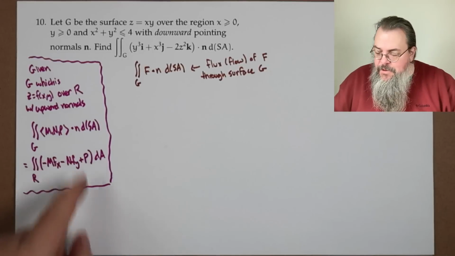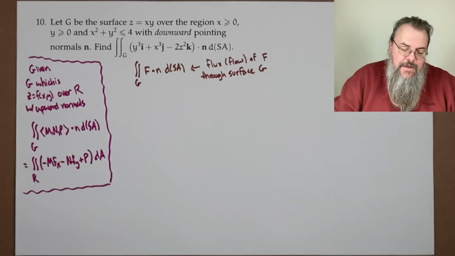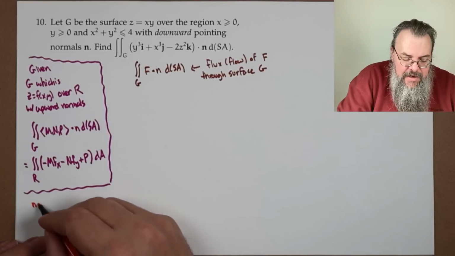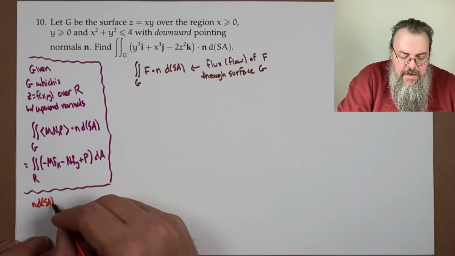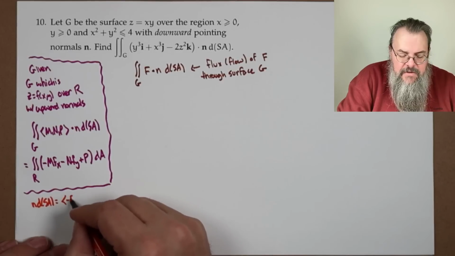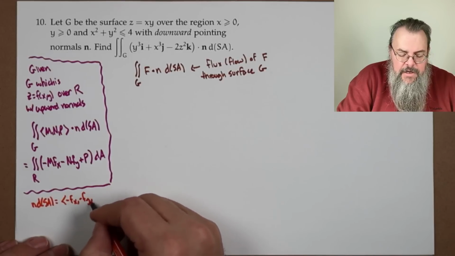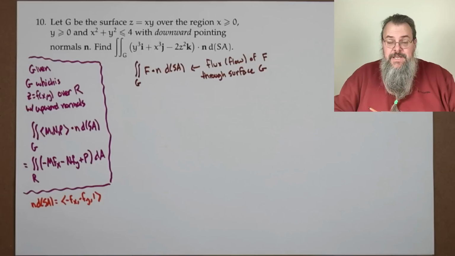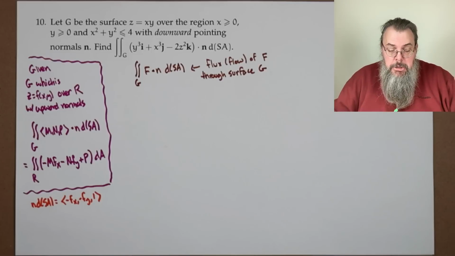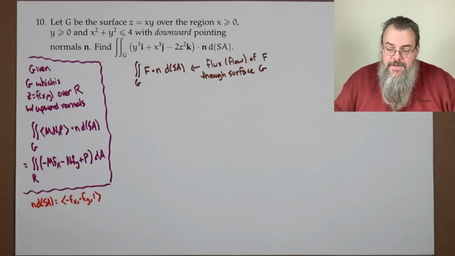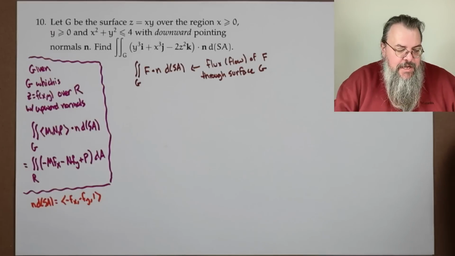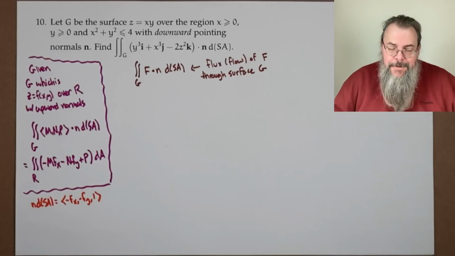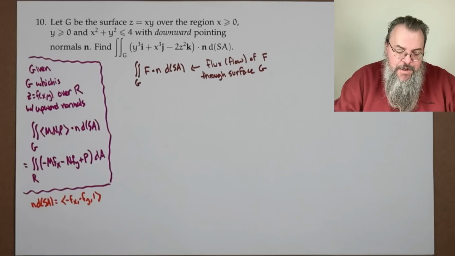Well, essentially what it boils down to is that this n dS, if you work it out, is really this: minus f_x, minus f_y, 1. Now, you may have already noticed something that makes you say, uh-oh. Notice our formula, this thing we wrote down, has a key word which doesn't seem compatible with our problem.